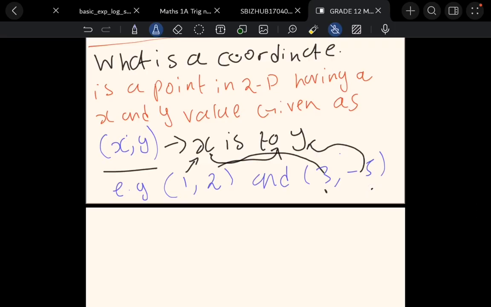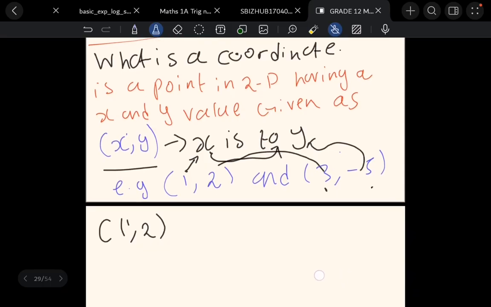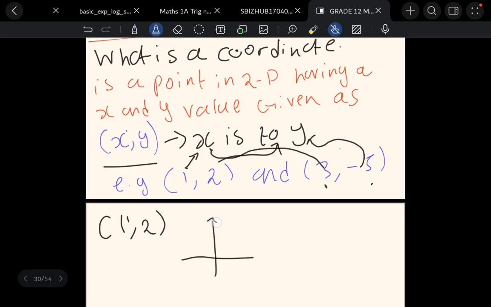One thing that you need to notice is you can always read the quadrant from the given coordinate. If you are given (1, 2), both x and y are positive, which means this point lies in the first quadrant.